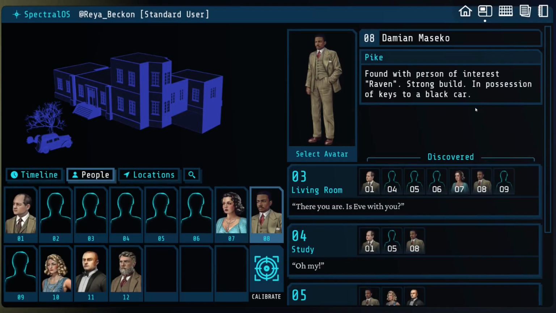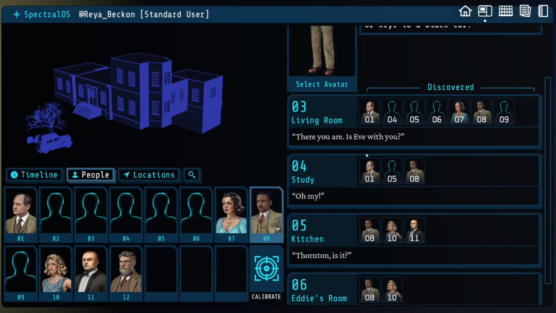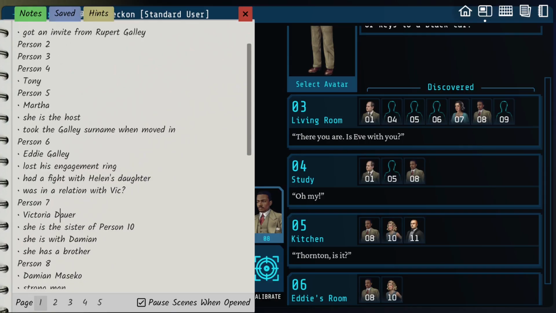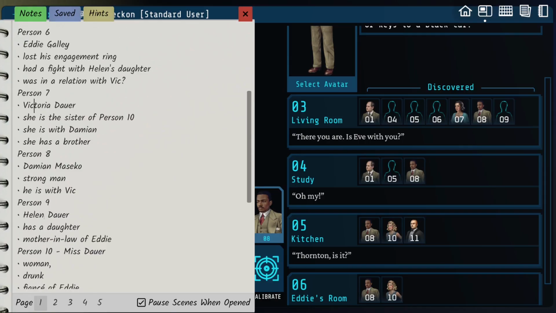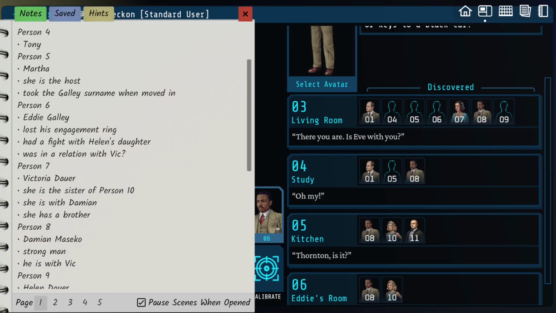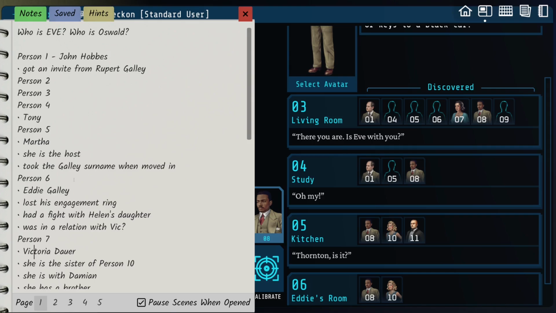Very important, yes. We have two names, Eve and Oswald, and I think Oswald is the brother of this Victoria and Miss Dower, who we don't know her name yet.